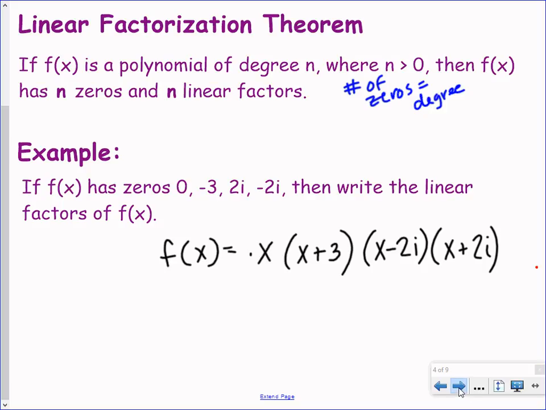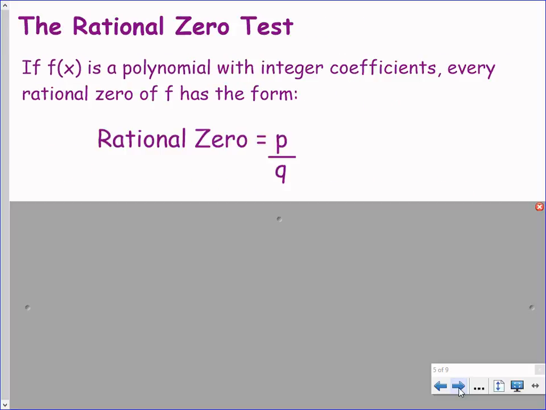Moving along, we're going to talk about the rational zero test. So basically, when I say linear factor, you think x minus k. And it's usually like you assume that it's a minus, so everything changes signs because you're going to do inverse operations to solve.